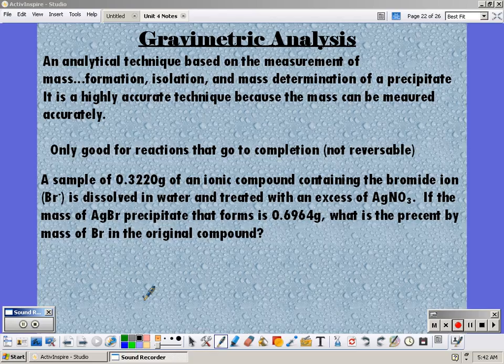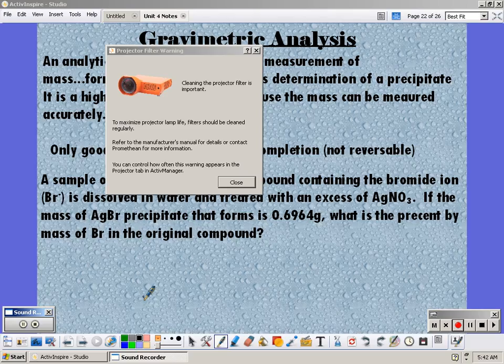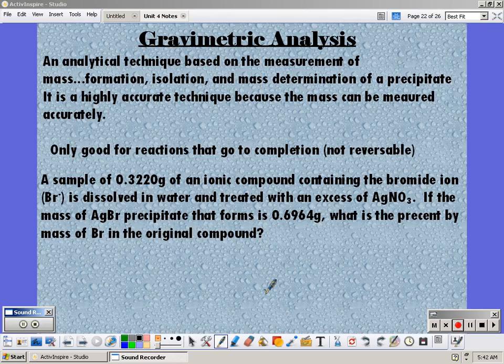It's only good for reactants that go to completion. In other words, it's not good for reactants that are reversible or that, for some reason, are not completely reacting.